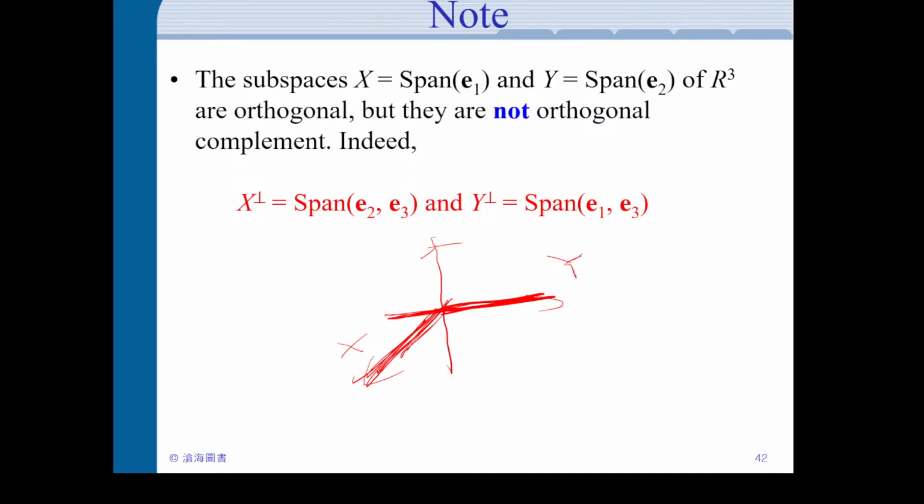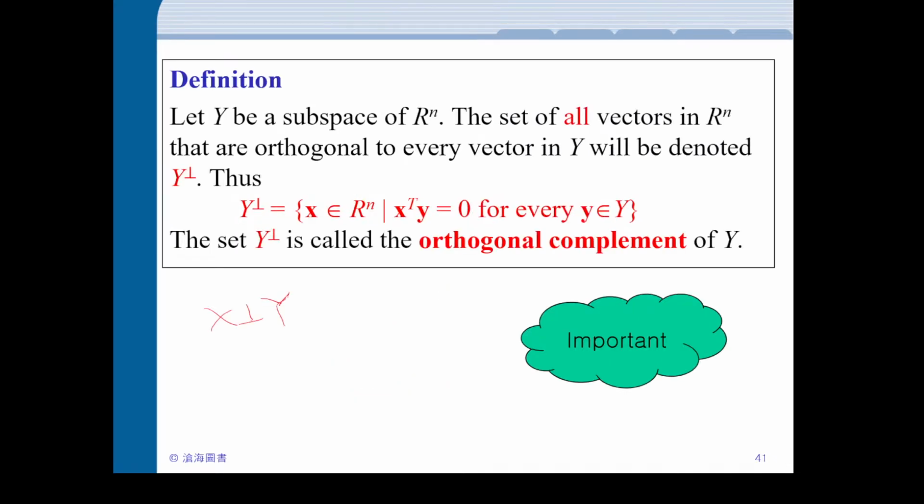A bit of a spoiler: we'll prove this later, but it's nice to know first, and you can also see it intuitively.